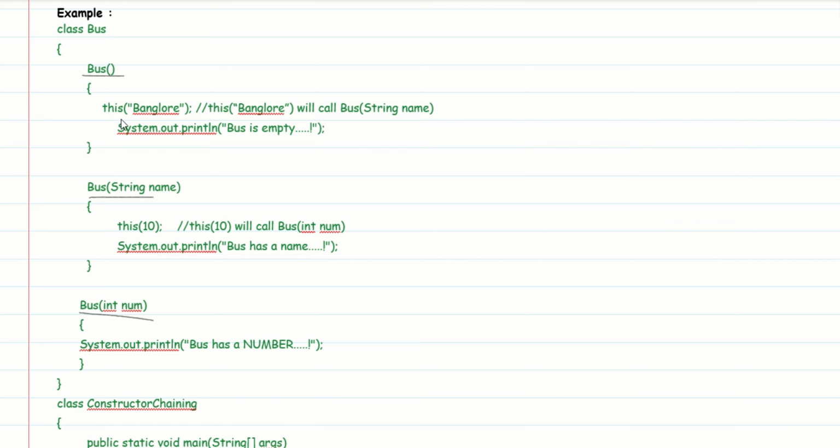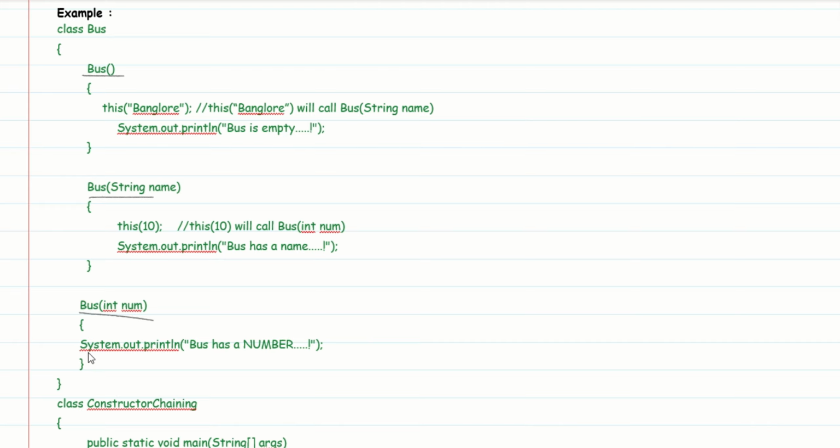And here I'm passing a string parameter, so it will call the constructor which has a single string parameter. And within that, again I have another this keyword which calls another constructor, whatever constructor has a single parameter as int, it will call it.